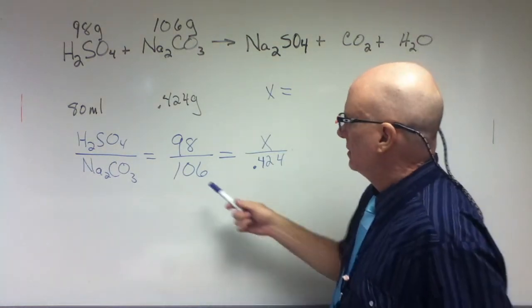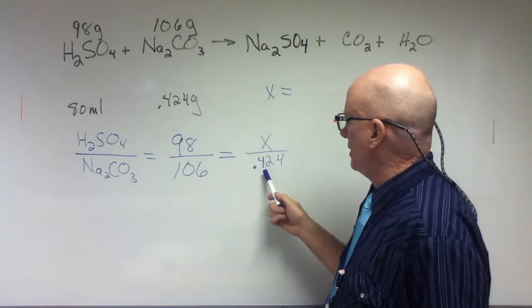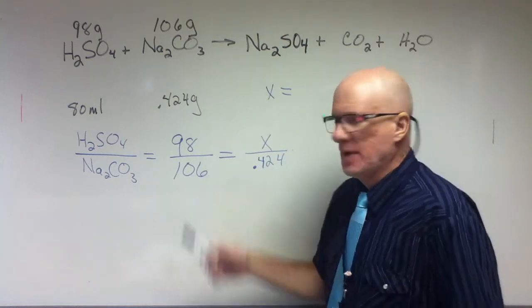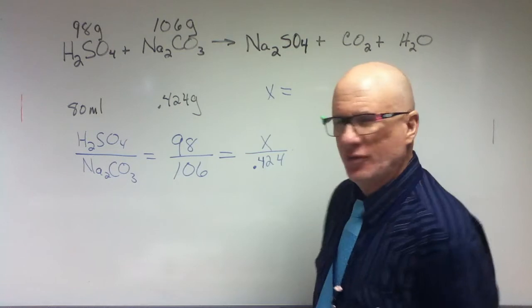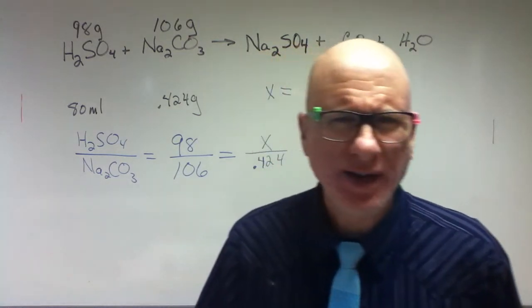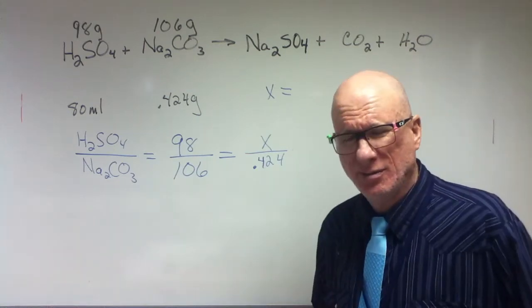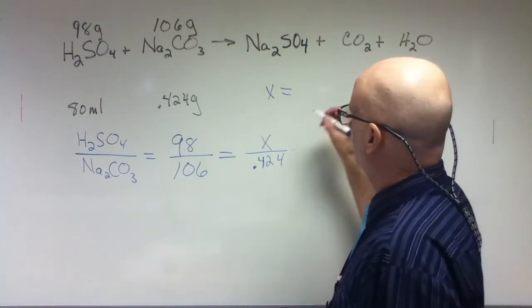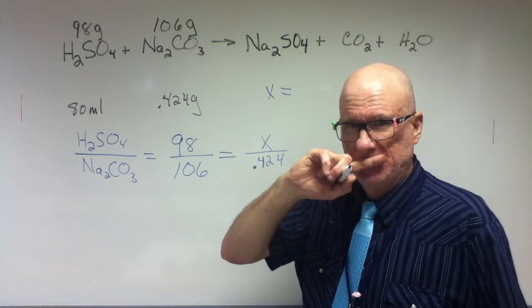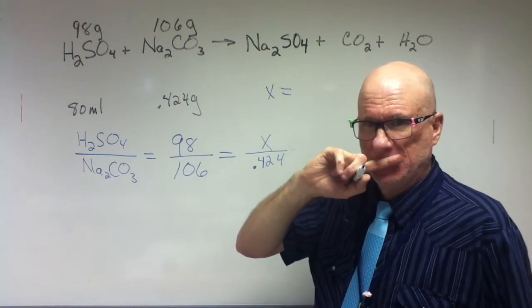So X is going to equal what? 98 times 0.424 divided by 106, like 0.45? I mean, what is it? 0.392. 0.392? Yeah. Oh, I had 95. Yeah, he's right, I made a typo.